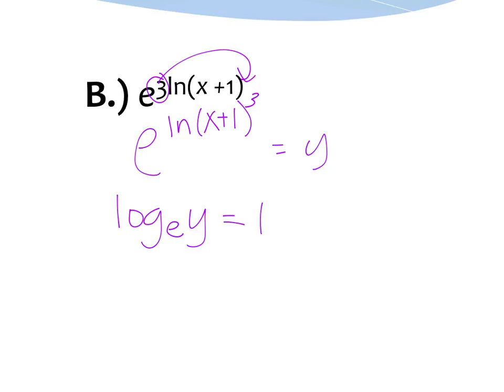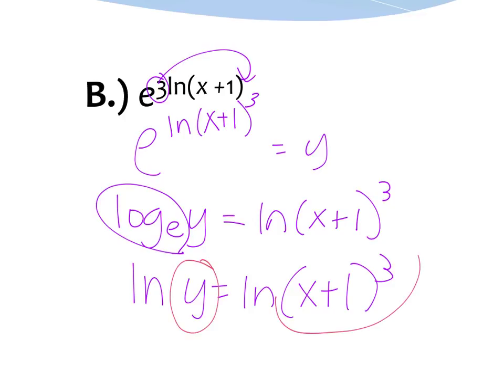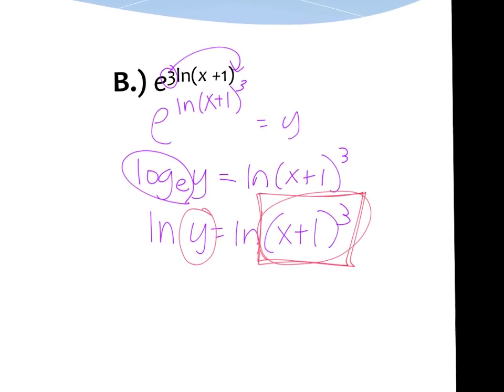This could be y equals ln of x plus 1 to the third. What is log base e? It's the same thing as ln. So I get ln of y equals ln of x plus 1 to the third. And then my one-to-one property says that what I'm looking for, my y, would just be x plus 1 to the third. Much faster is realizing that e to the ln cancels out, and what's left is my exponent.